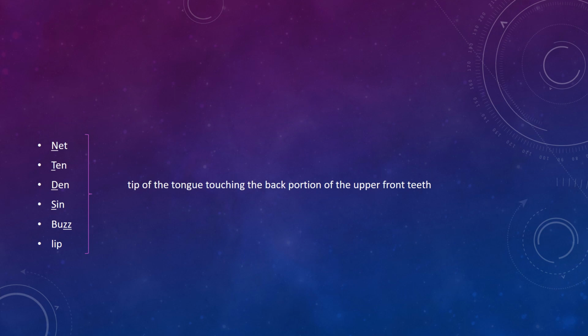Here, the tip of the tongue is being raised and it is touching the back portion of the upper front teeth. So that is how you get these sounds: n, t, d, s, z, l. Please make a note that it is not ta, da. It is not ten, den. It is ten, den, t, d.